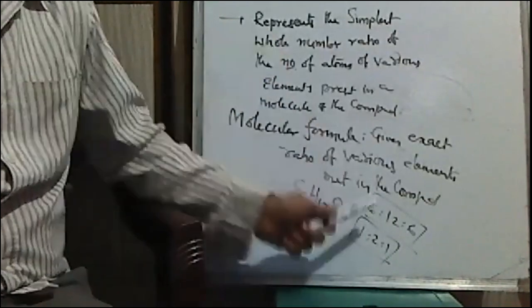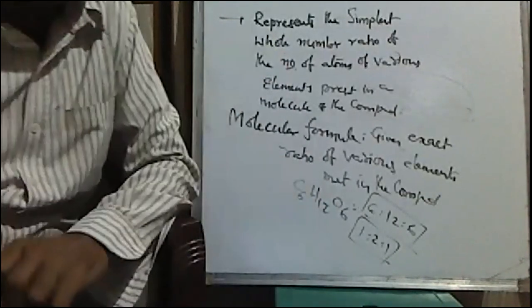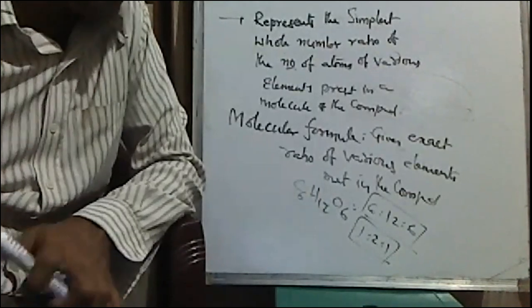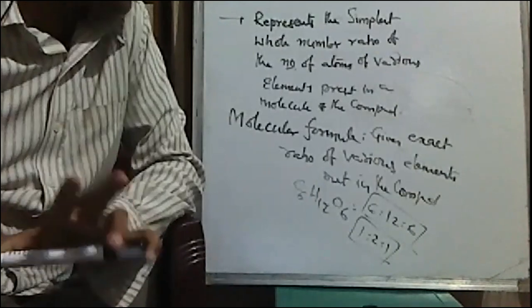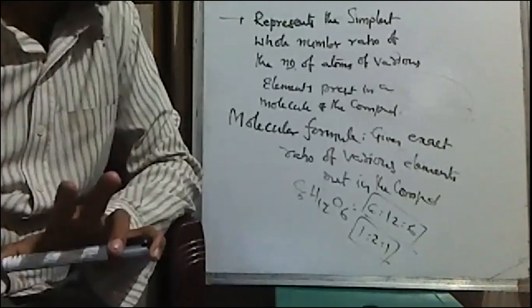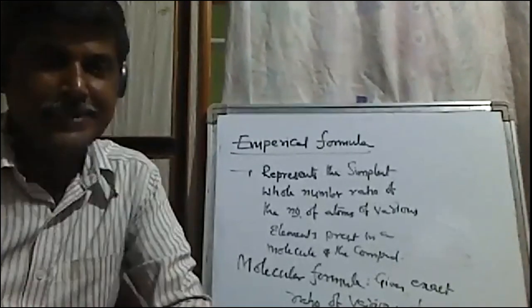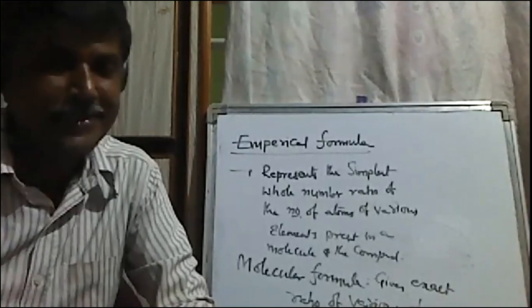The simplest ratio of elements is given by the empirical formula, whereas the exact ratio of various elements present in a molecule is represented by the molecular formula. You see, a very slight difference here.